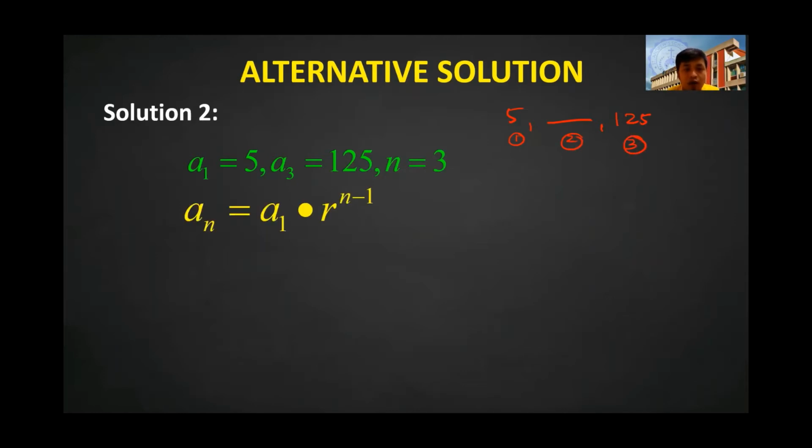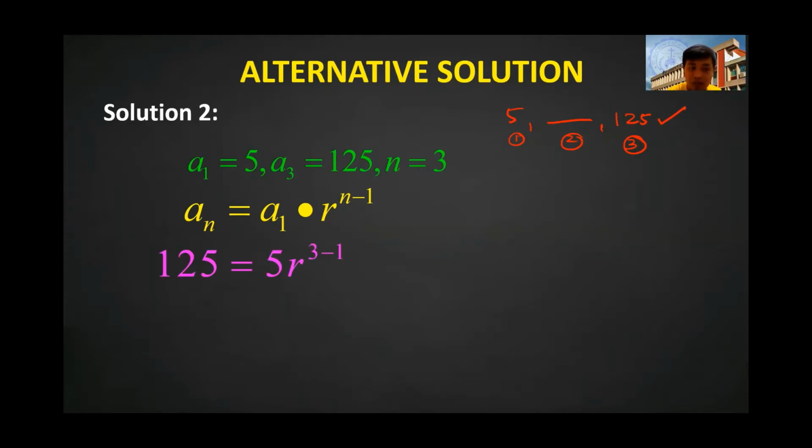So we're going to be using the formula for a geometric sequence, and that is a sub n is equal to a sub 1 times the common ratio r raised to n minus 1. All the information that we have, we will just plug into the given formula. Our last term is 125, so we plug that into a sub n.